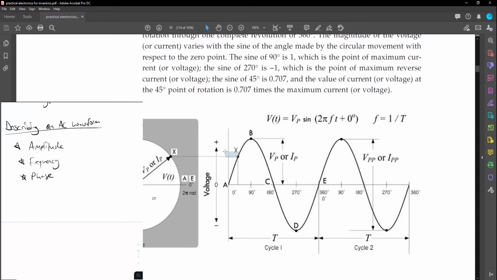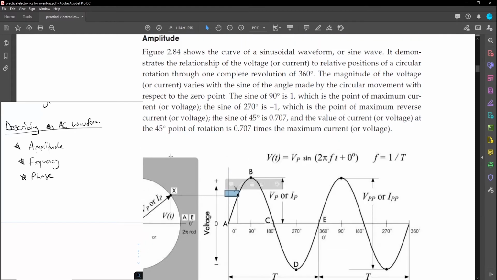Okay, so what we're saying here is that this part here is relative. It demonstrates a relationship with the voltage or current. So let's just assume this is a voltage, going up and down, to relative positions of a circular rotation through one complete revolution.